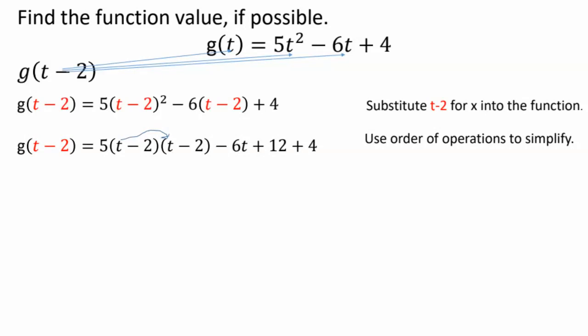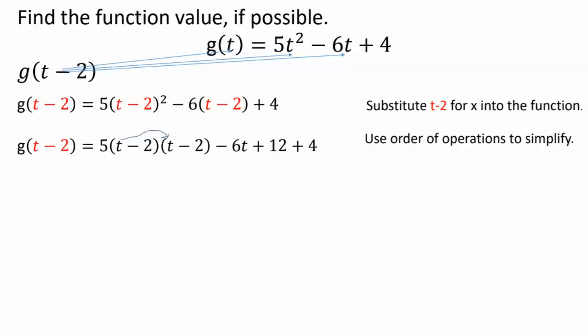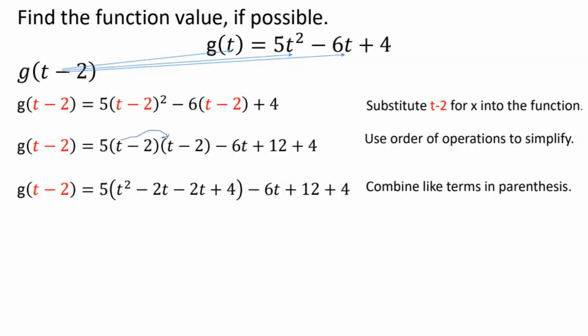So t times t will give us t squared. And then t times negative 2 will give us negative 2t. And negative 2 times t is also another negative 2t. And negative 2 times negative 2 will give us a positive 4. So they will give us t squared minus 2t minus 2t plus 4.